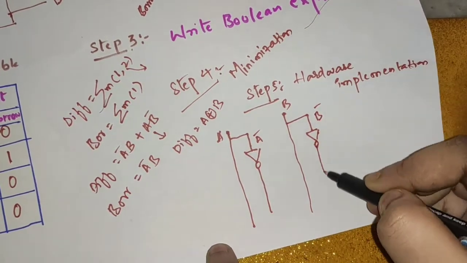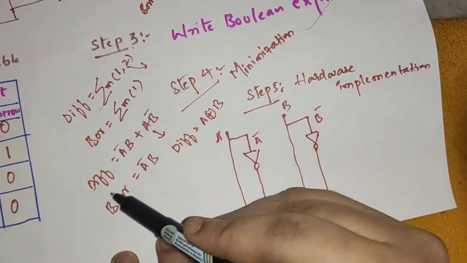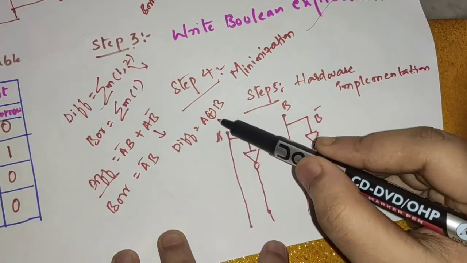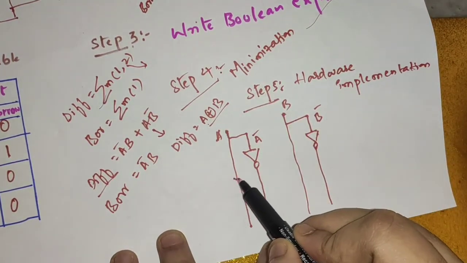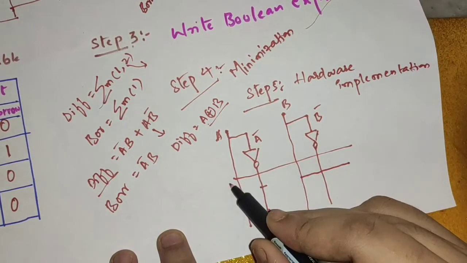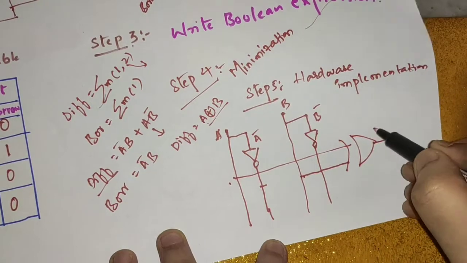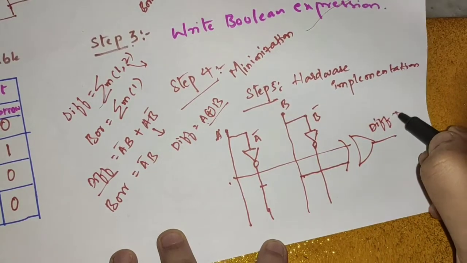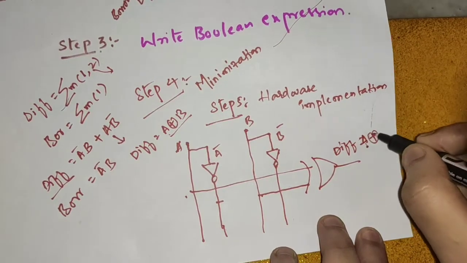In this way, first, the difference is the XOR operation between A and B. So construct the XOR gate between A and B. You will get the difference. Difference is nothing but A XOR B.